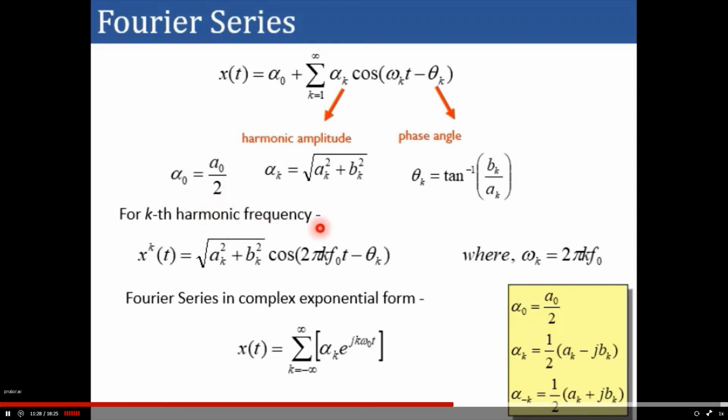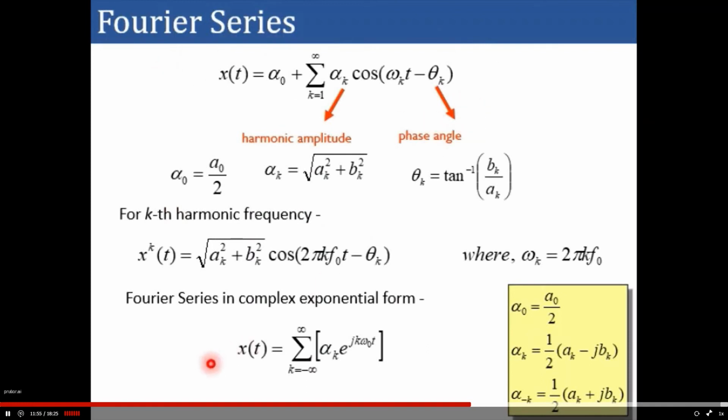So for the kth harmonic frequency, what can we write? X_k(t) is equal to root of a_k square plus b_k square cos(omega k t minus theta k). Omega k t can be written as 2 pi k f naught. So this will become cos(2 pi k f naught t minus theta k).